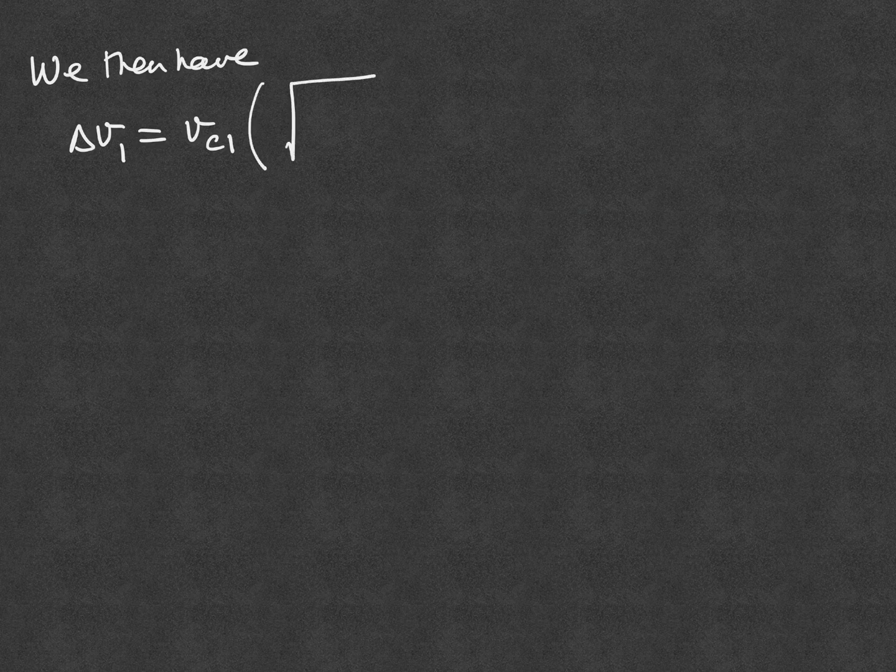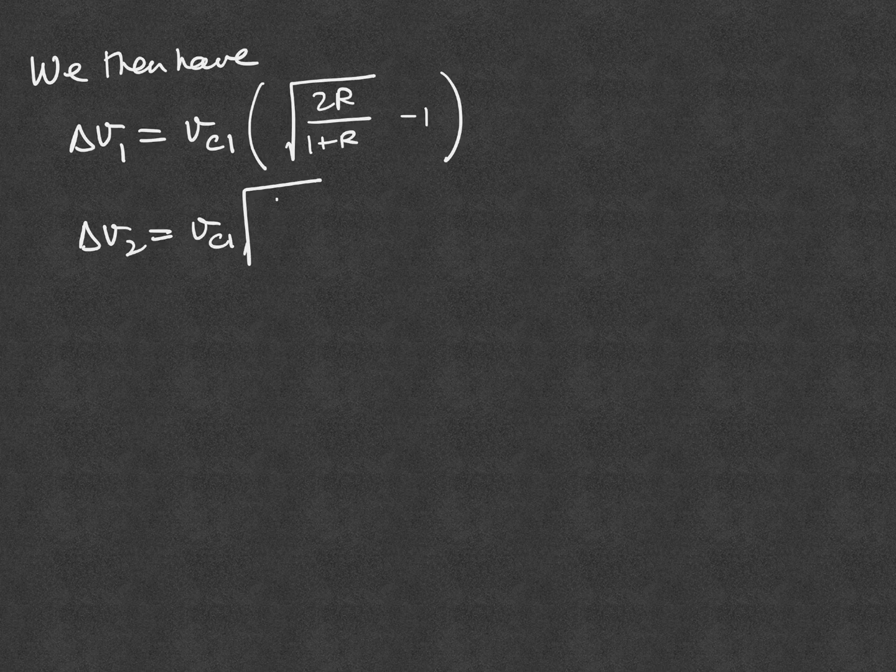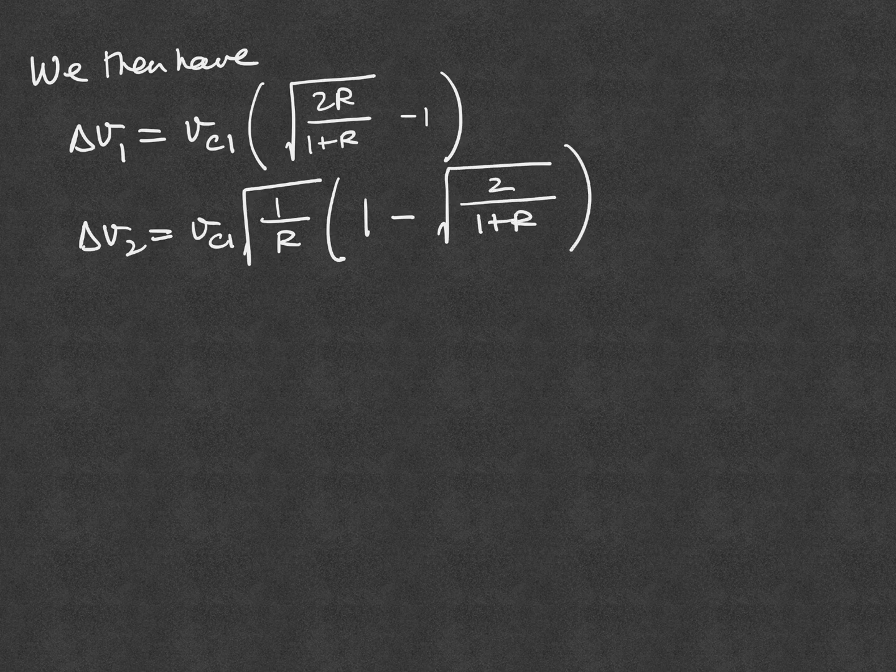We then have delta V1 is equal to VC1 times the square root of 2r over 1 plus r minus 1, and delta V2 is equal to VC1 times the square root of 1 over r times 1 minus the square root of 2 over 1 plus r.